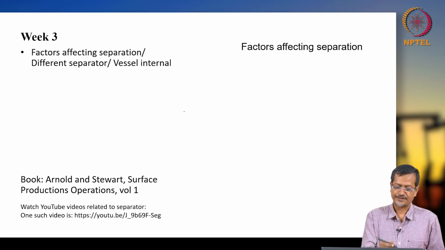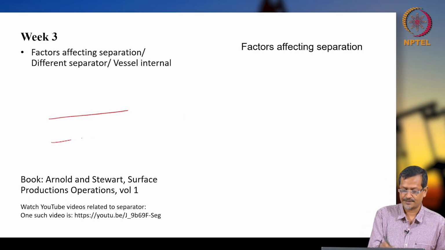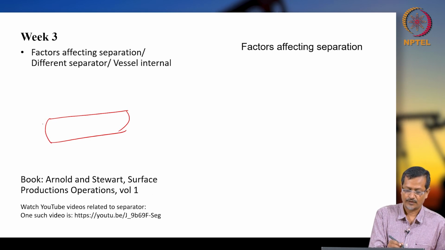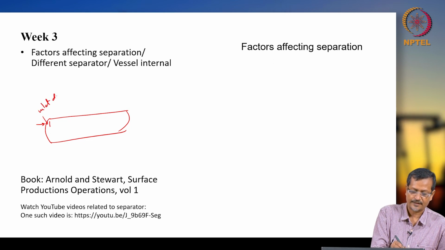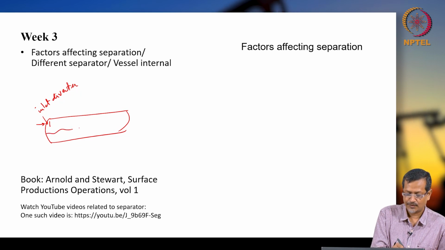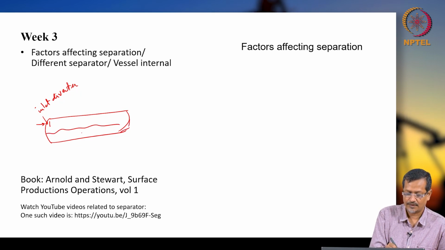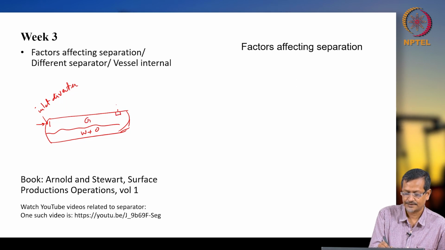In the previous lecture we saw the two phase horizontal separator. We have drawn it like this. Inlet is there, and there will be an inlet diverter. Then there will be one layer of liquid, oil plus water, and this is gas.